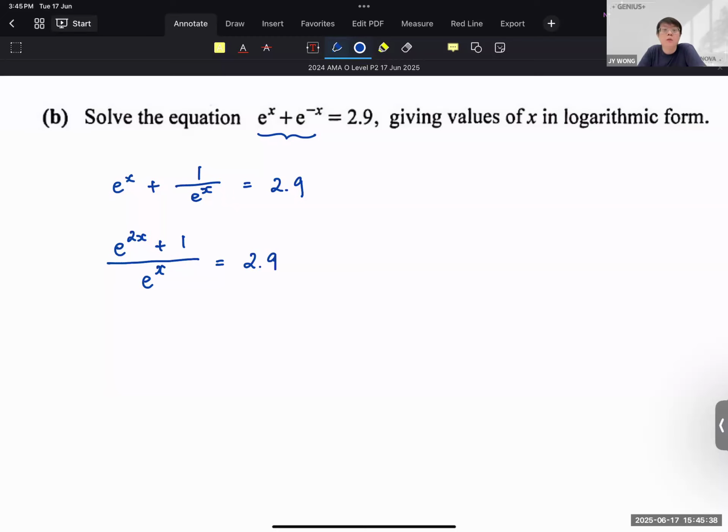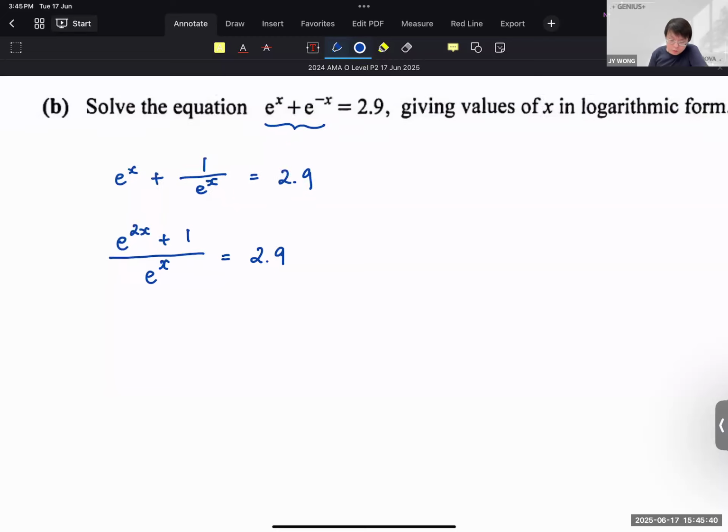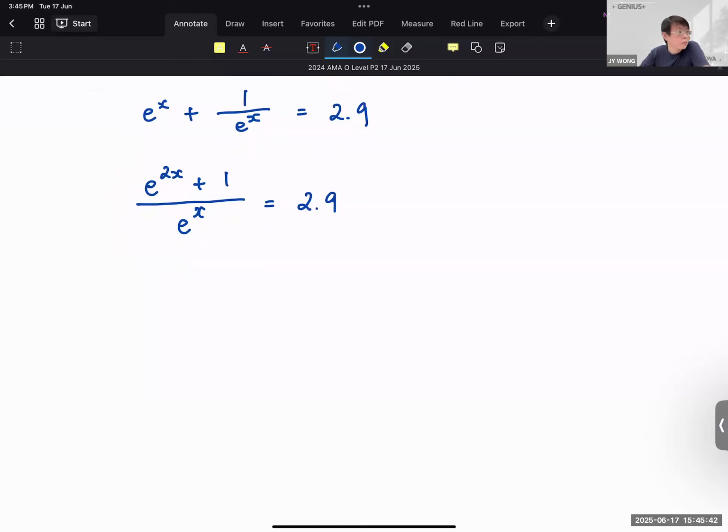From here, how do I continue? You cross multiply to split the two, you will get e to the power 2x plus 1 is equal to 2.9 e to the power x. And you should recognize that this is a quadratic equation.